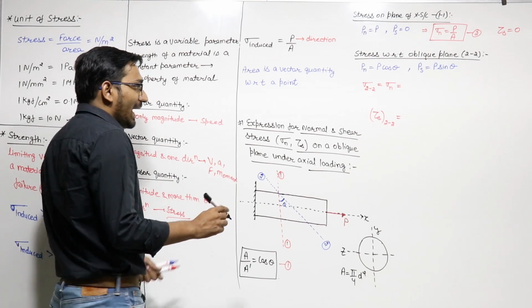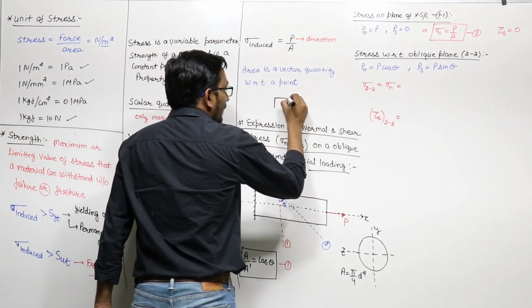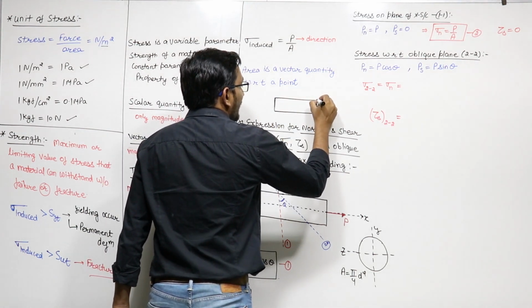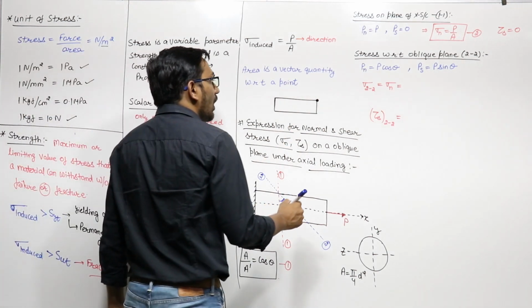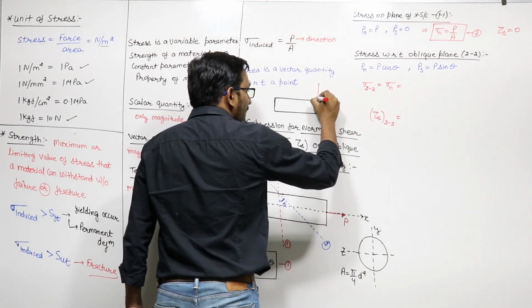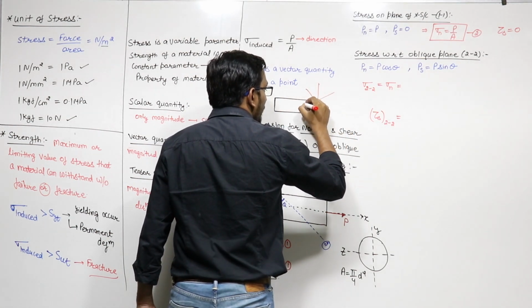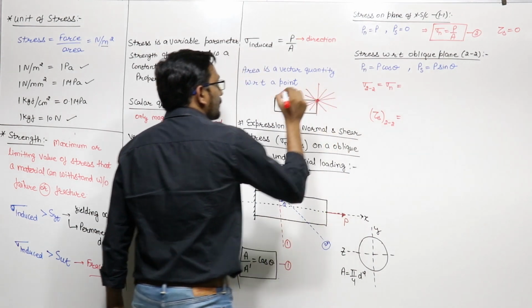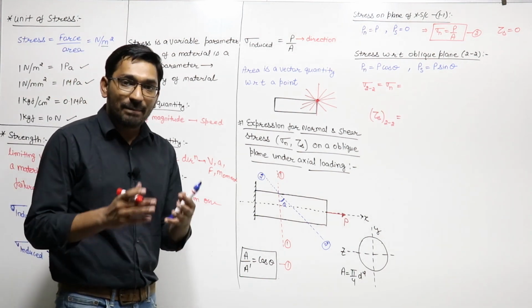Suppose this is the member or body, and I want to calculate stress at this point. A number of planes pass through this point, and each plane has its own direction. So that's why area is a vector quantity for a point.